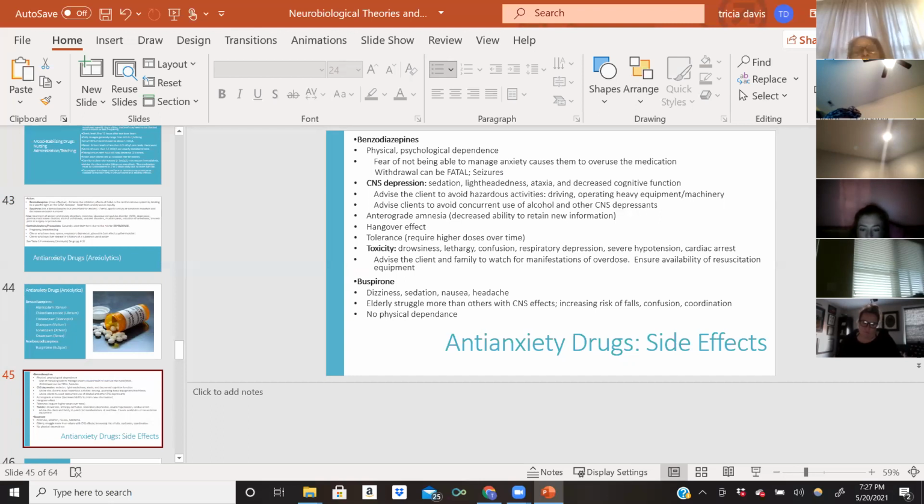It can also cause anterograde amnesia, which is the decreased ability to retain new information. Patients that take it complain sometimes that they feel like they have a hangover after they take it, and then patients will develop a tolerance. So over time, the longer they take it, they're going to require higher doses. So that's why they should only be on it for a very short period of time.